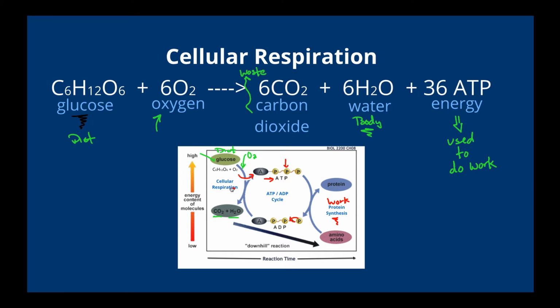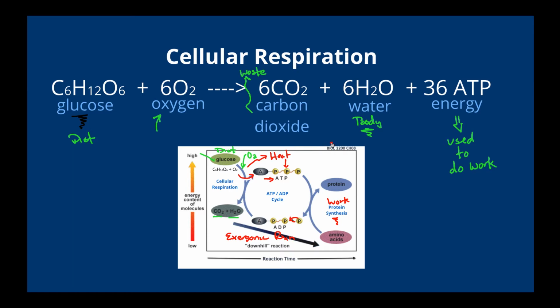And so we see this nice energy coupling kind of reaction, and recall that overall cellular respiration is going to be an exergonic reaction. So overall, we're going to see an energy loss. And whenever we see a conversion, we're going to see some of that energy lost as heat.